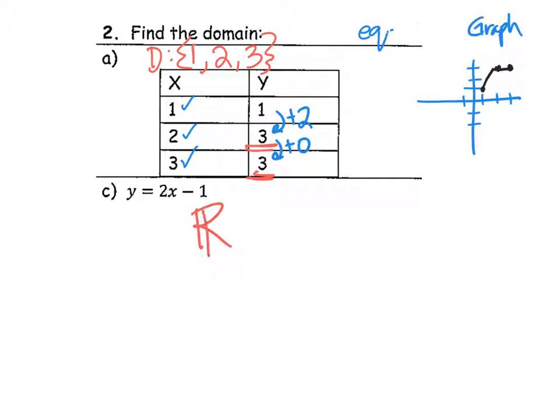Whenever it's just a normal equation, I could plug in any number for x and it's going to get out a different domain. So the domain is all real numbers. I could plug in any number. 1, 2, 3, -5, -6, -7. Anytime it's just a normal equation, the domain is going to be all reals.